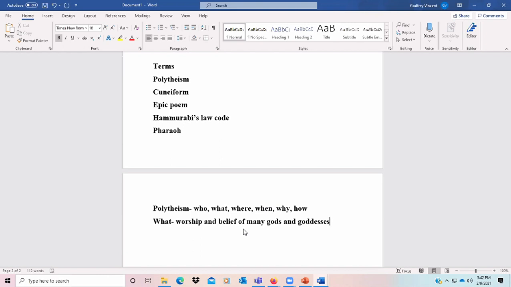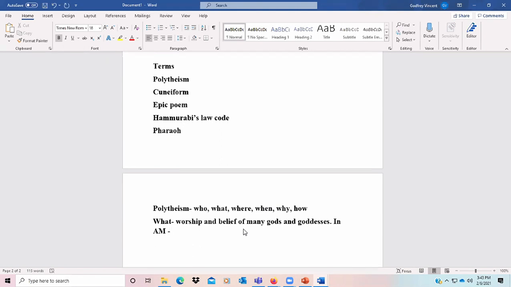And you can go further. You can say in ancient Mesopotamia, these were the gods and goddesses. In ancient Egypt, these were the gods and goddesses. Now, who performed the worship? This is where who comes in.